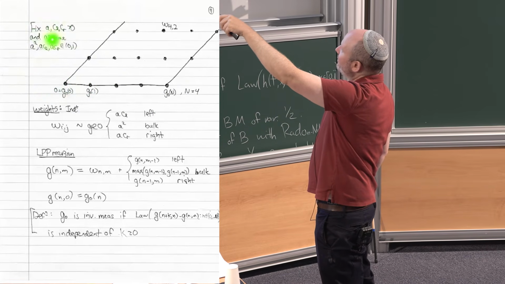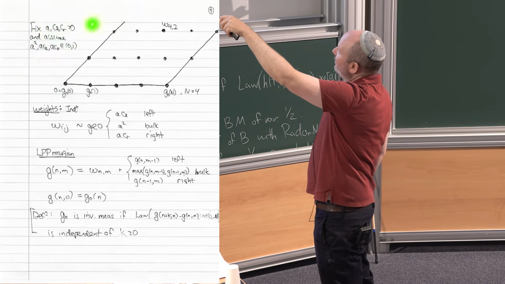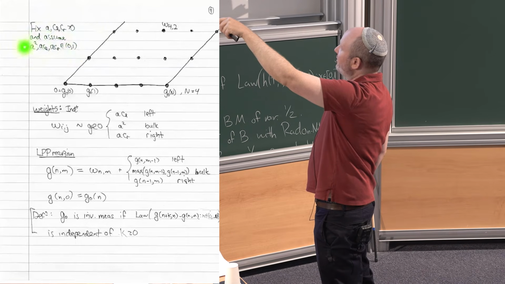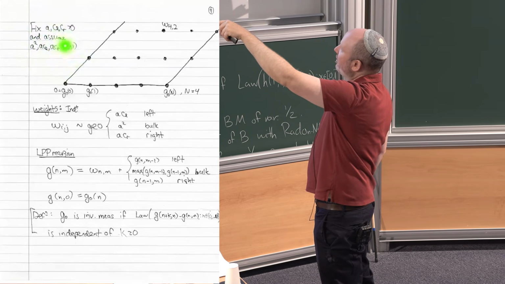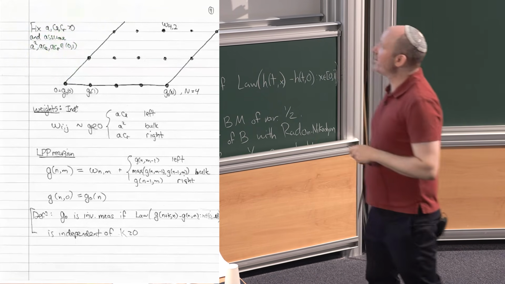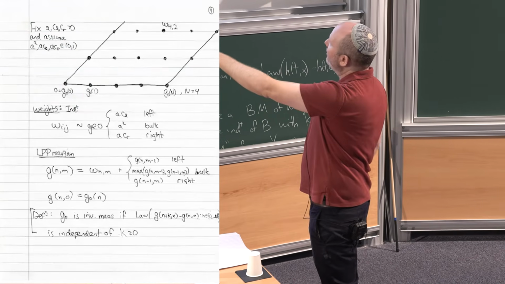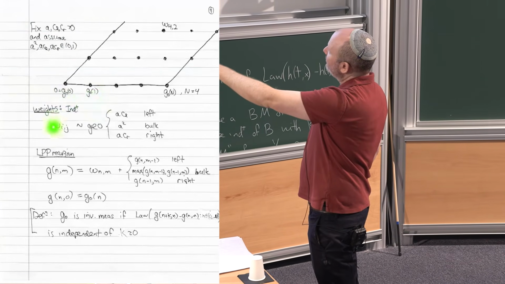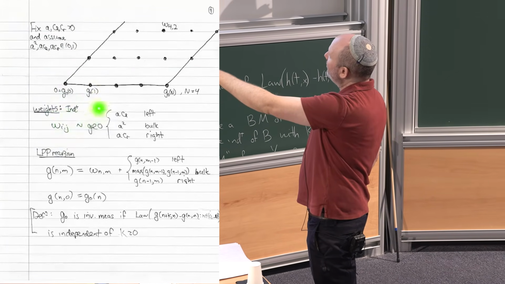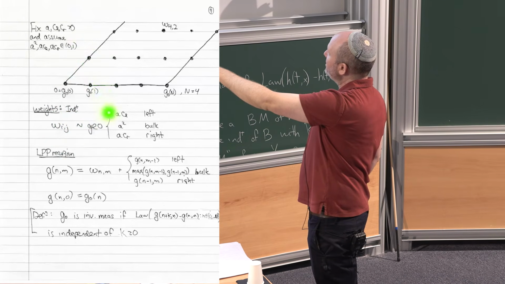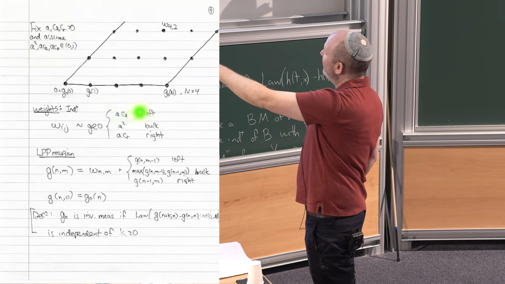The model is going to depend on 3 parameters, A, CL, and CR. And I'll assume that the product of the A's with itself and then A with the C's are all between 0 and 1. And I do that because I want to define geometric random variables with those parameters. So now I define what are called weights, Wij. So the weight on the left boundary is going to be a geometric with parameter A times CL.